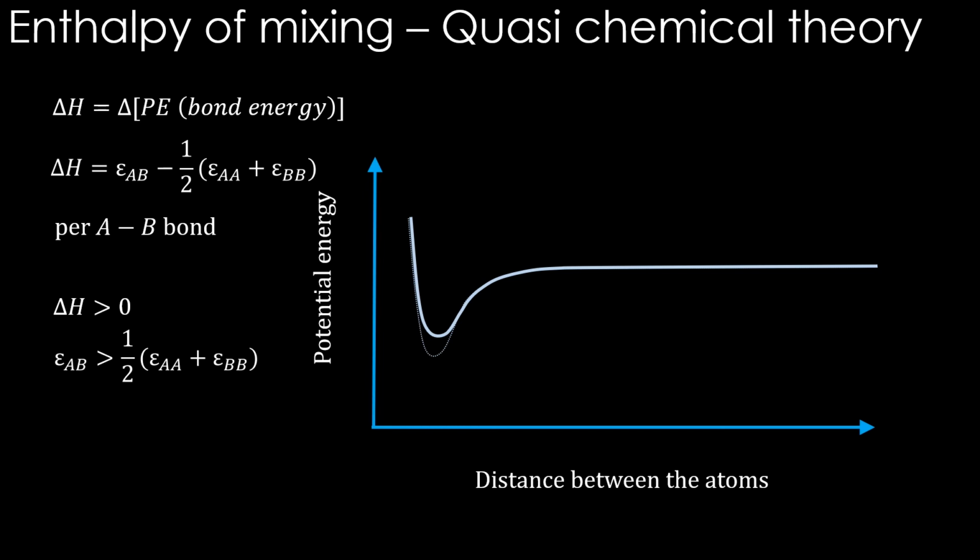Here it is going up, so it is weaker. When enthalpy change is negative, it means the AB bond is stronger and the curve is going to shift like this. Till now we are talking about the shifting of this curve up and down. In fact, even the equilibrium interatomic distance changes depending on the component, temperature and composition.